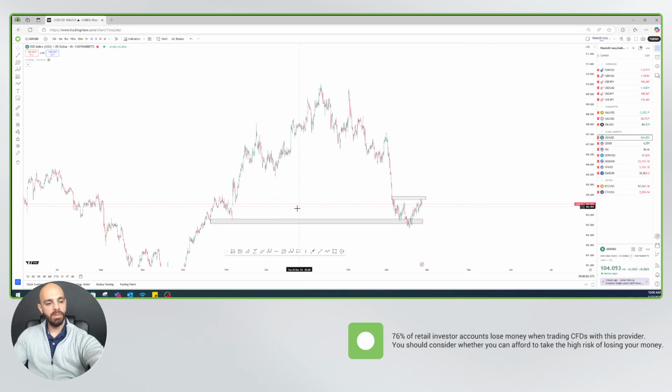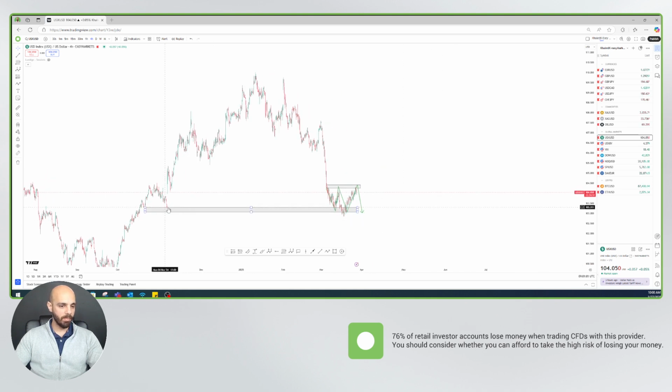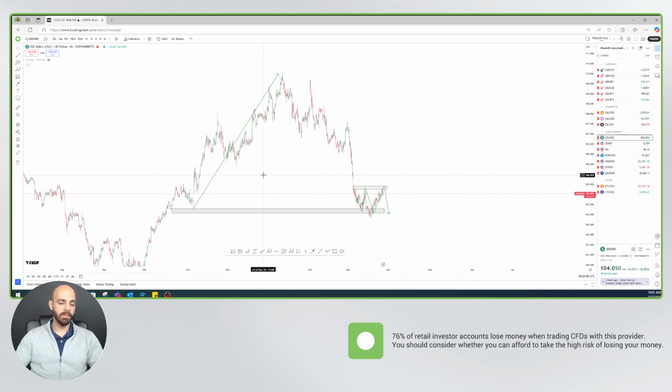As we can see on the US dollar, right now the US dollar is just consolidating in this area. If we look back to November 2024, we can see that there was a strong increase in the dollar index. And of course, in November 2024, there were the elections in the US.